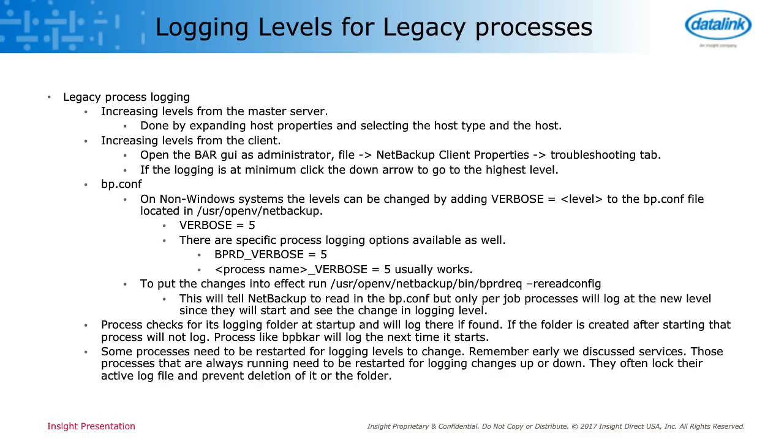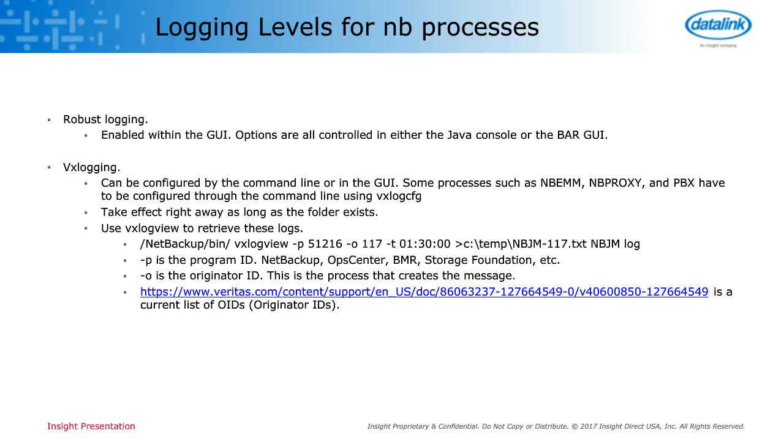So let's move on now to logging levels for our NB processes. These will use the VxUL logging. The robust logging is an enhancement to the legacy logging. This should actually be on the previous slide and tied to the legacy logging, but you can configure these within the GUI on the master server as well as the client.